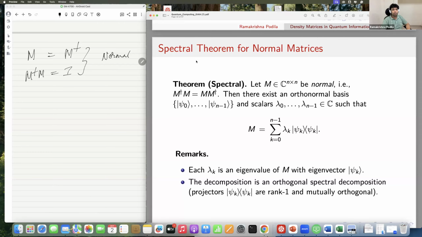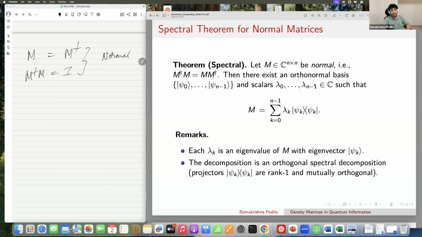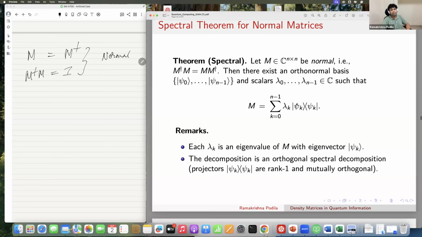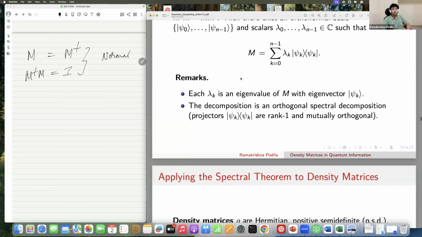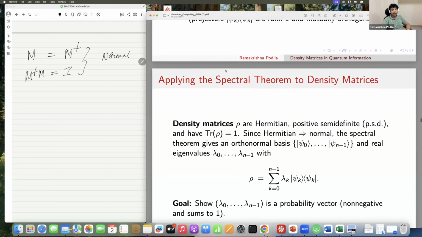It is called spectral decomposition because these eigenvalues are considered to be the spectrum of the matrix M, and these kets correspond to each eigenvalue, each eigenket. So as long as it is a normal matrix, we can express it as a combination of some orthonormal basis, right? So like I said, each rho k is an eigenvalue, right?